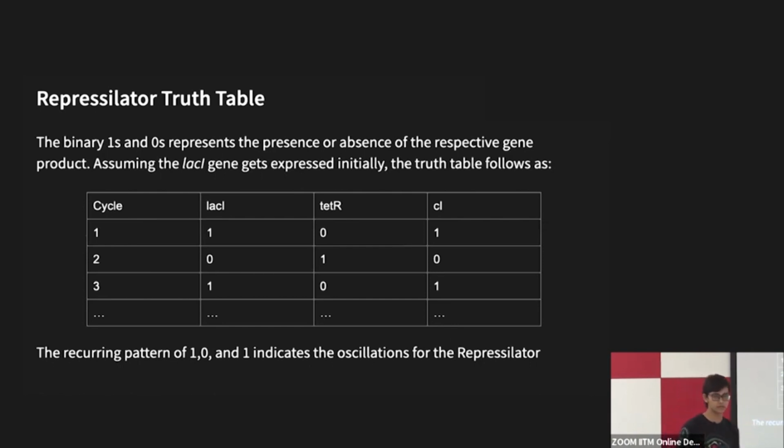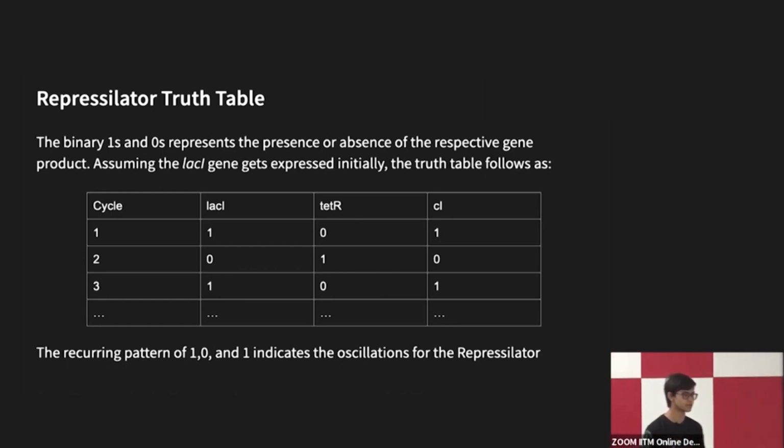And since there's no TetR protein formed in the cell at this point in time, the CI protein gets expressed. Now in the second cycle, since the CI protein has been expressed, it represses the expression of the LacI protein. And you can see the cycle continues similarly.